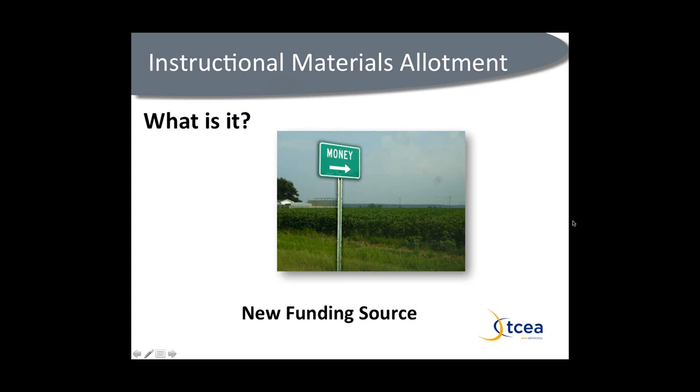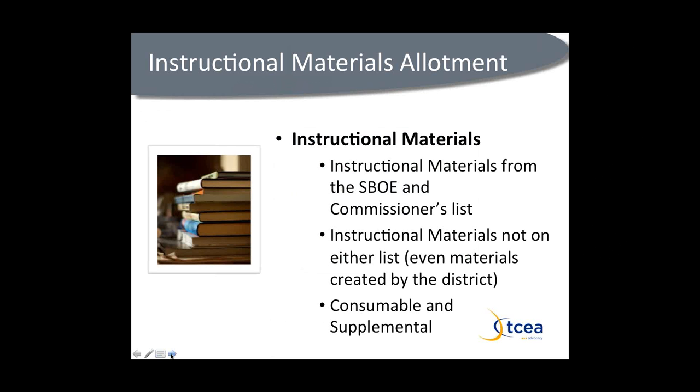There are two things primarily that the Instructional Materials Allotment can purchase. It can purchase instructional materials, which is your traditional textbooks or online materials. It could be workbooks or those kind of things. And these materials are now being purchased directly from the district. That's one of the biggest differences.